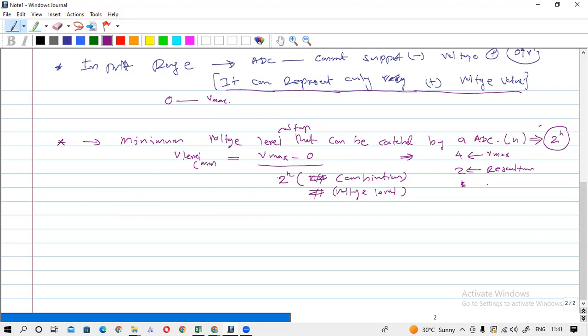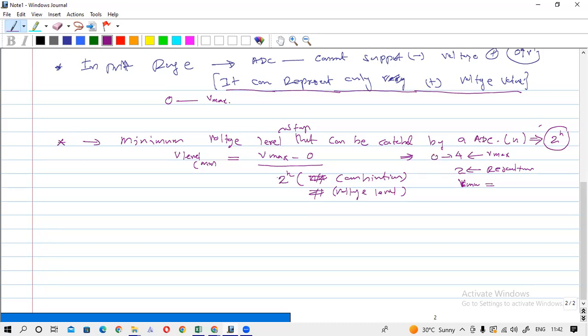So what is the minimum voltage value you can interpret? Please tell me.